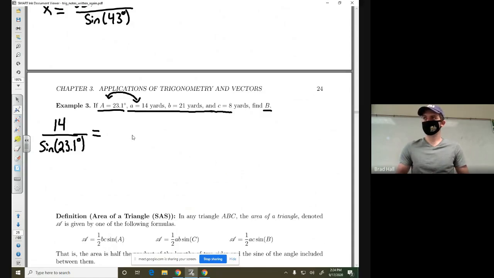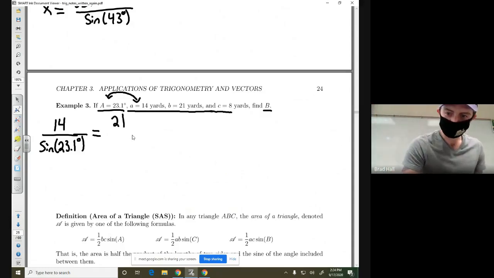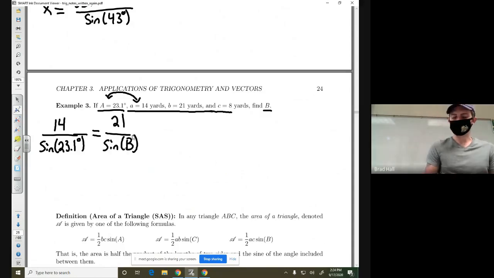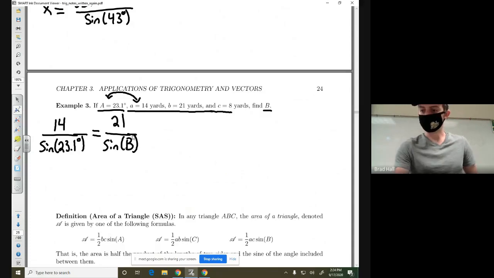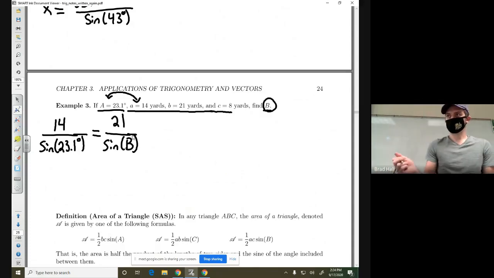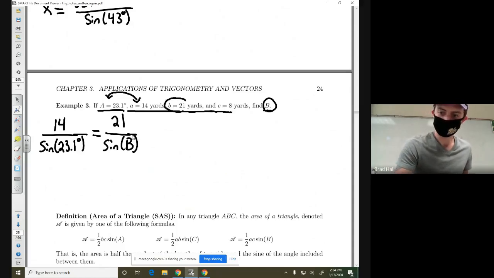And yes, 21 over sine of big B. The reason why we're looking for big B, in order to have a ratio with big B, we need to have little b. I think we all just overthought that a little too much. 14 because you have it. What a disgrace. But yeah, we use big B and little b.